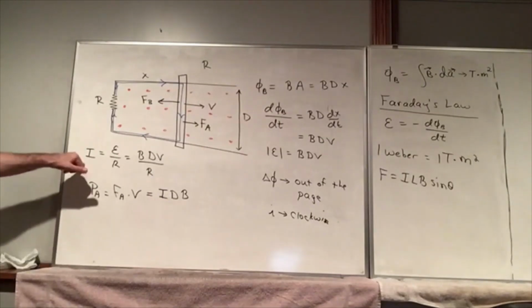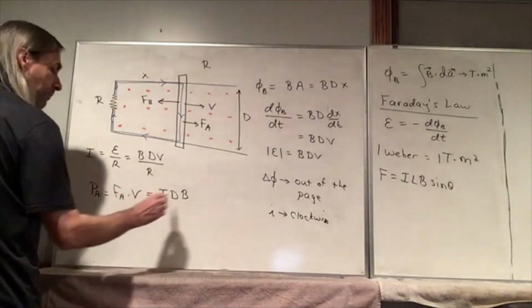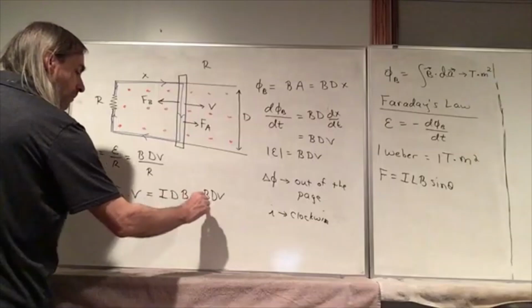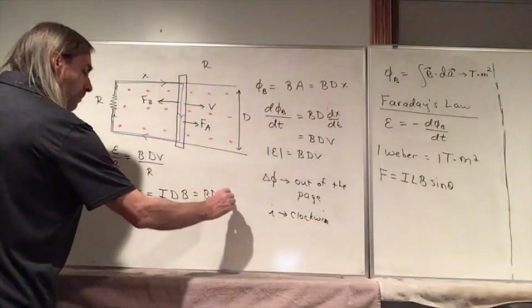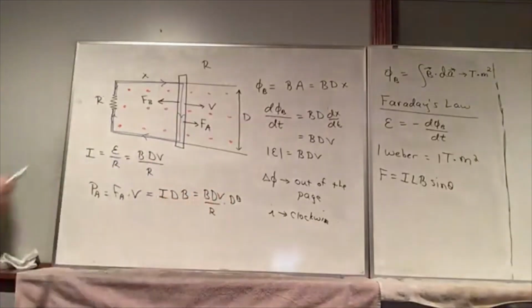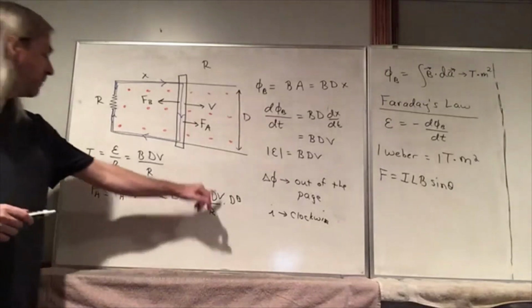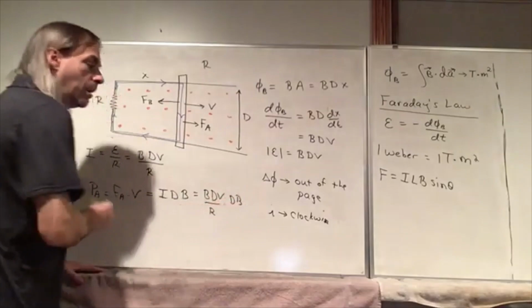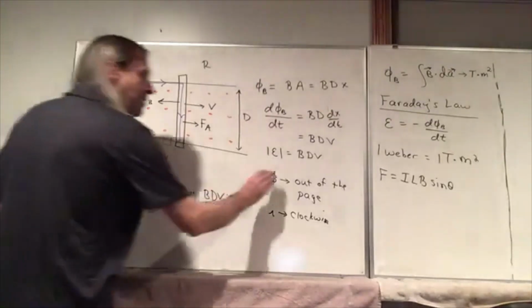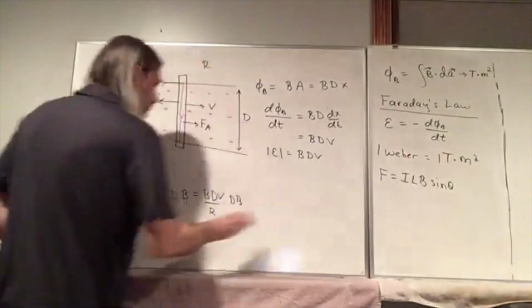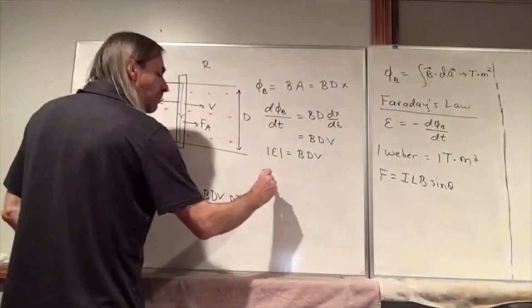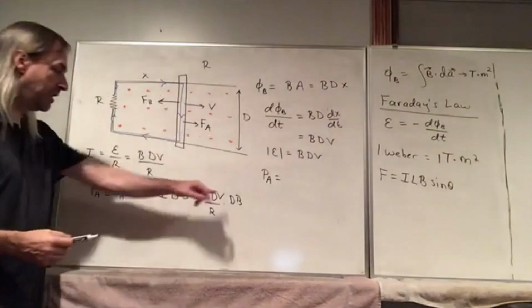And let's plug in this induced current. So I is dBV over R, times D times B. We've already used this. Got the direction of the current. So the power that we have to provide, we can just simplify this.